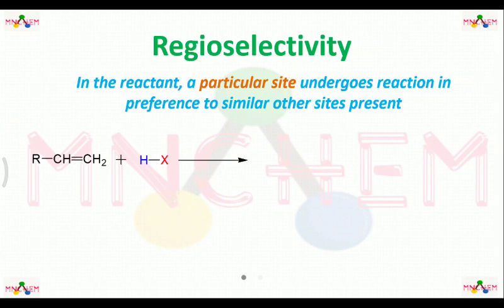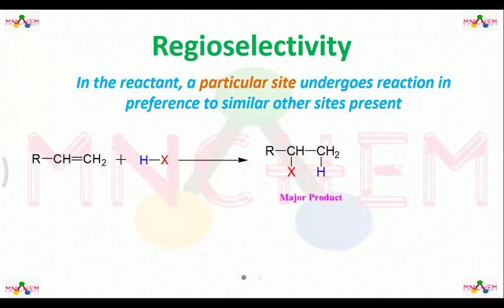You have already studied addition of halo acids to an unsymmetrical alkene. The addition reaction proceeds with Markovnikov's rule. When it follows Markovnikov's rule, the major product, where the more stable carbocation is formed, is like this.